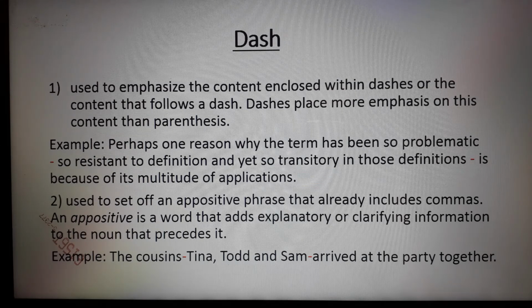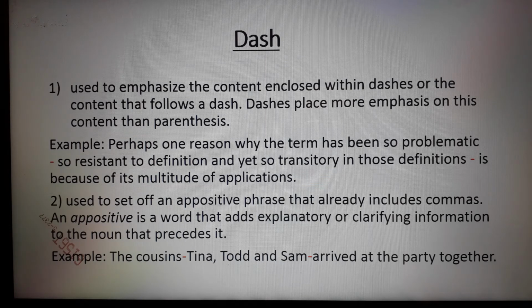The example is, perhaps one reason why the term has been so problematic—so resistant to definition and yet so transitory in those definitions—is because of its multitude of applications. As you can see, the content between the dashes is very important, is very emphatic. So the dash is used to emphasize that content enclosed within dashes.